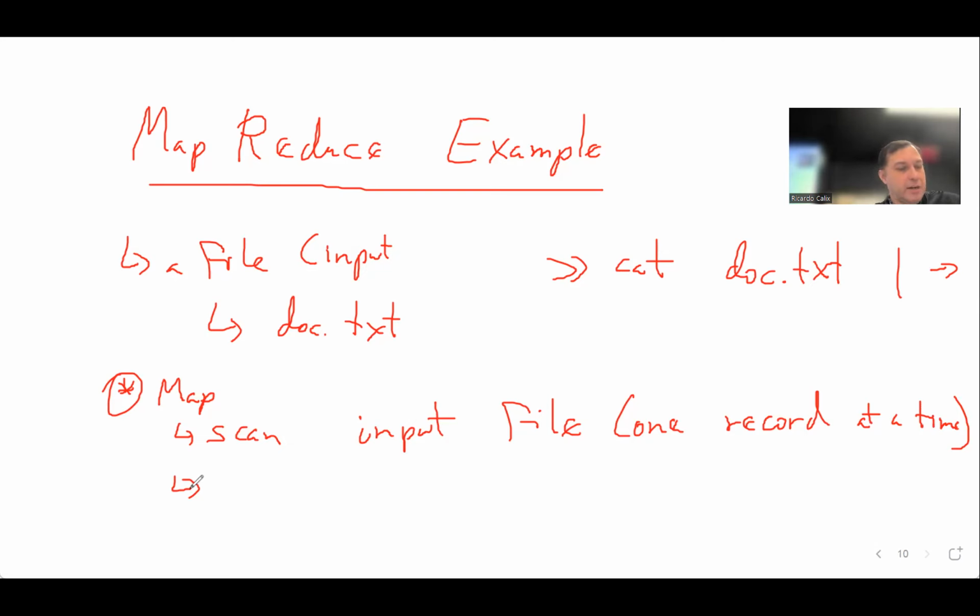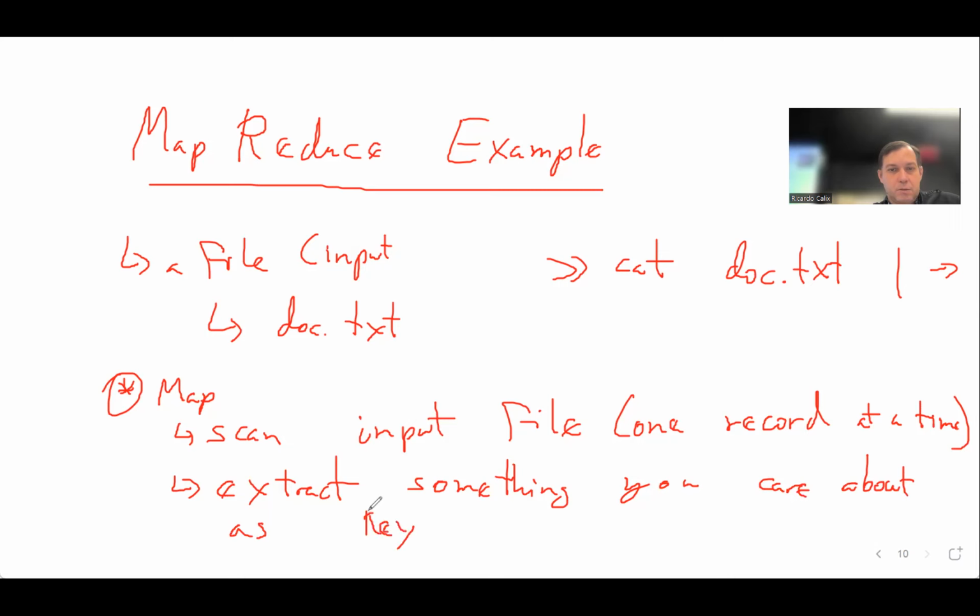So obviously we're going to do a very simple example of this. You're going to extract something you care about as key value pairs, and this can become units.